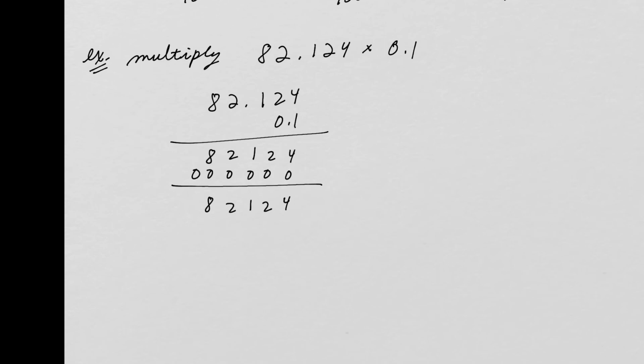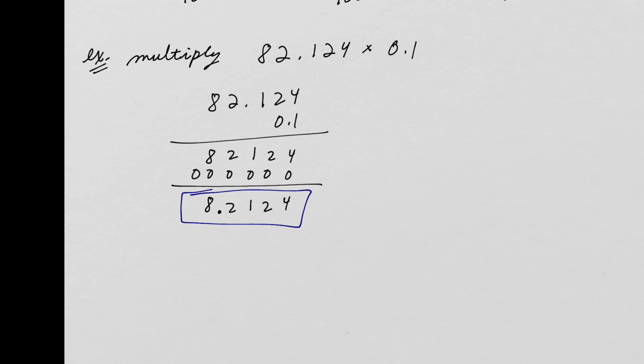Now, if you look at the total number of decimal places in my factors, I have 1, 2, 3, 4. So I have to move this 4 places to the left in the answer, right, in the product. So that's going to go there. But compare that answer to the original number. It's the same exact number, except all I did was move that decimal 1 place to the left.